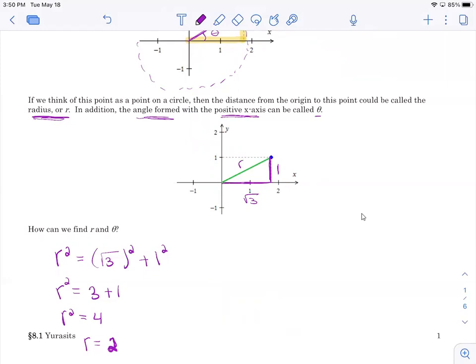Now, what we can figure out too is what our theta is here. Well, this is going back to when we first met, and you could use the inverse because you're looking for an angle. So you could use the inverse sine, the inverse cosine, or the inverse tangent. Personally, I'm always going to use the inverse tangent.